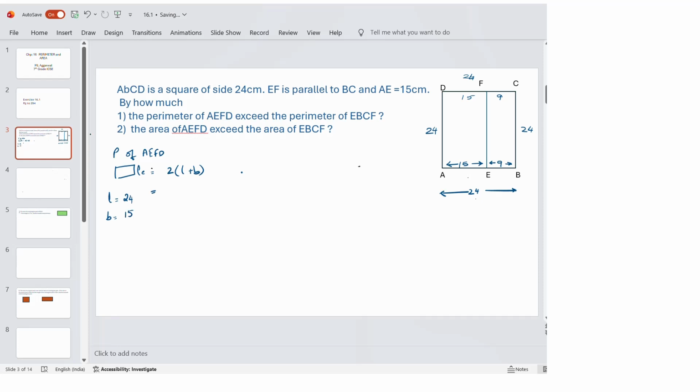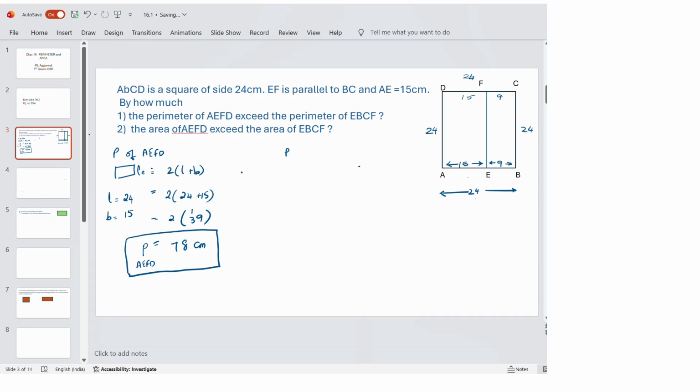Substituting the values, 2 into (24 plus 15), 2 into 39. 2 9s are 18, 1 carries, 2 3s are 6, 7, so 78 centimeters. So the perimeter of AEFD is 78 centimeters. It is a very good habit to box your answers. You will not lose them.